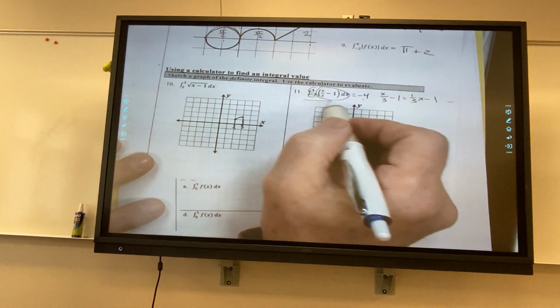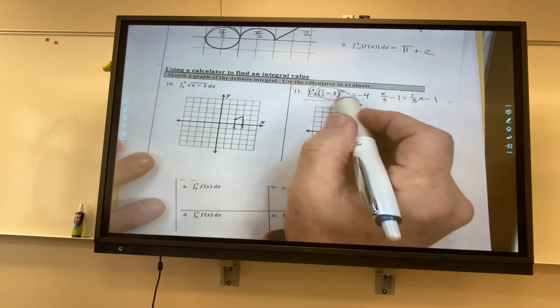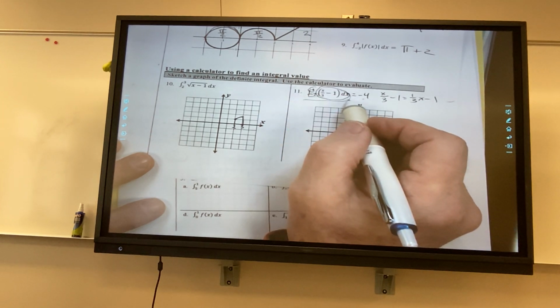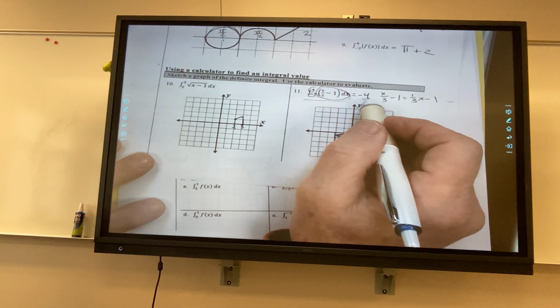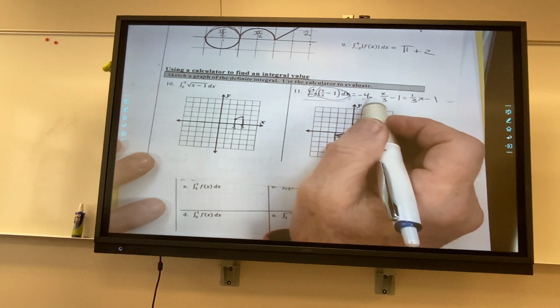So this is what you would write, and then you write down equals, and let's say you wrote it all correct, but you made a mistake on your calculator, and you wrote 3, because you like 3. You would still get 2 out of 3 points because you wrote the integral correctly.